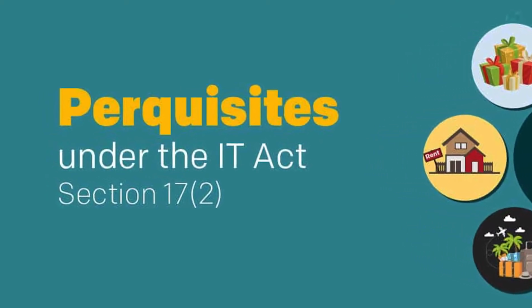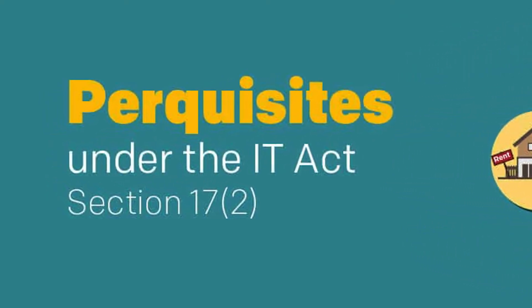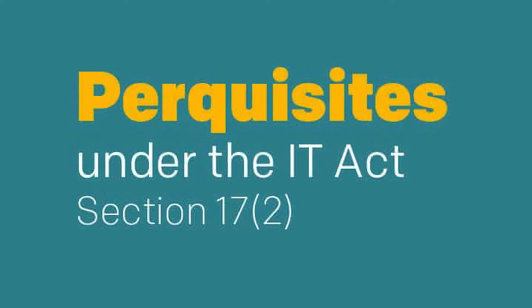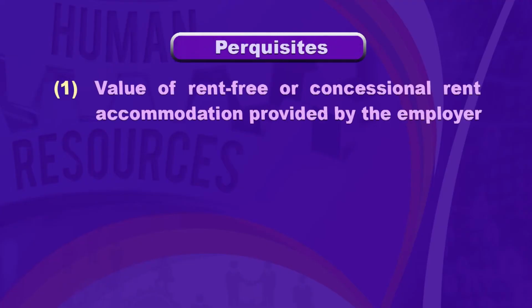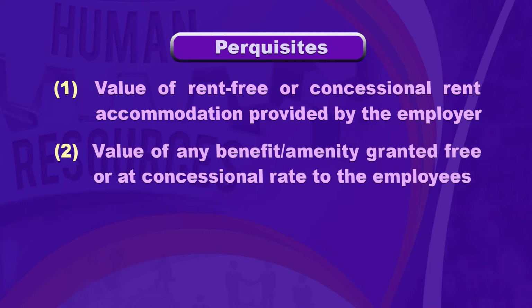Section 17, subsection 2 of the Income Tax Act of India defines perquisite including 5 elements. One is the value of rent-free or concessional rent accommodation provided by the employer. Second is value of any benefit or amenity granted free or at concessional rate to the employees.